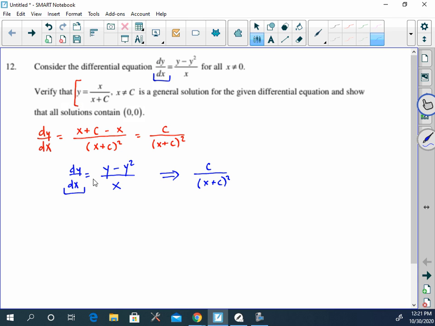And then equals, and then instead of y, I'm putting x over x plus c into the y spot. And then instead of y squared, same thing, it's just going to have a squared with it. And it's all over x.